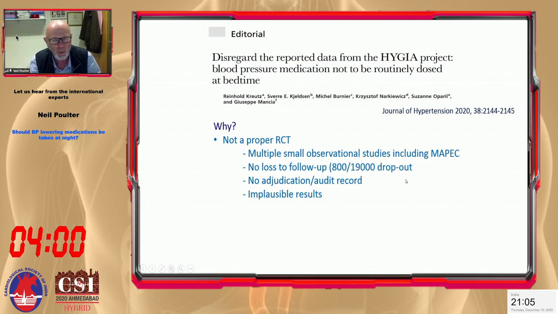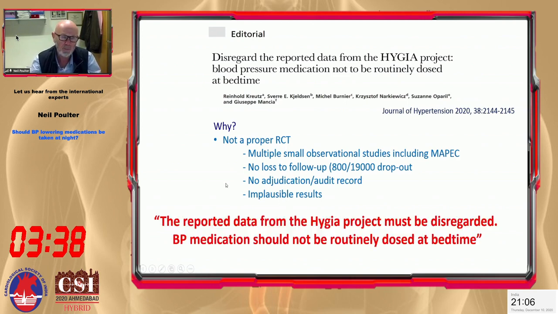Now, anyone who's been involved with trials knows that loss to follow-up is usually much bigger and a lot more drop out. There was apparently no adjudication or record of audit of the events that were reported. And as I've mentioned, the results are totally implausible.